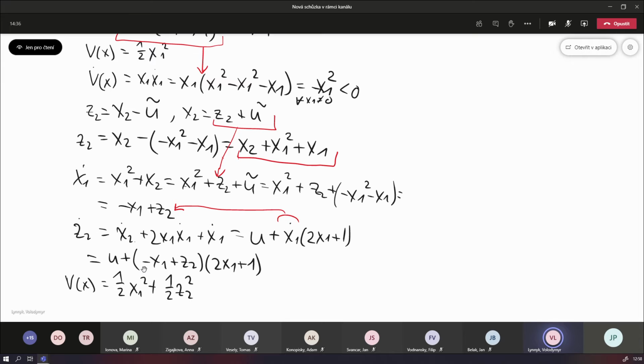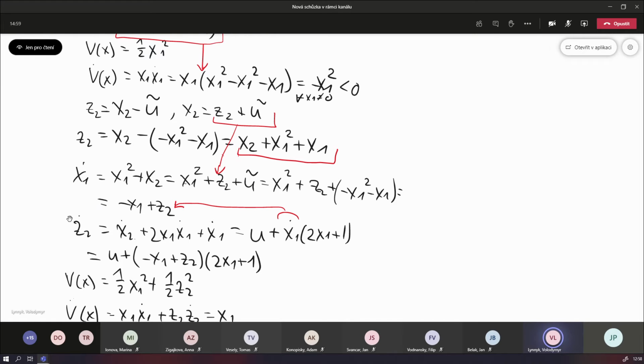Then V dot of x equals x1 x1 dot plus z2 z2 dot.